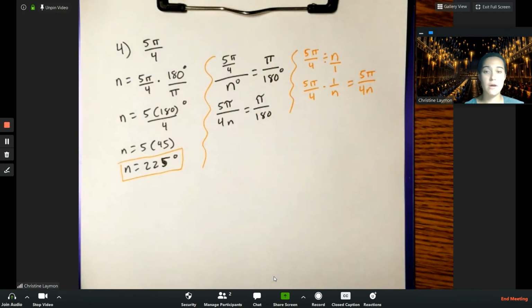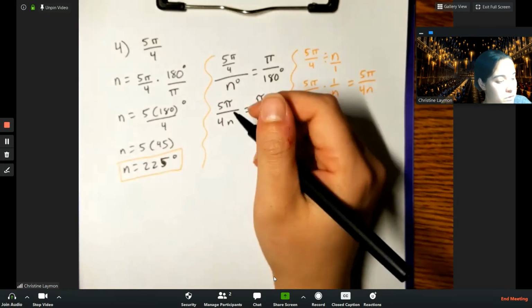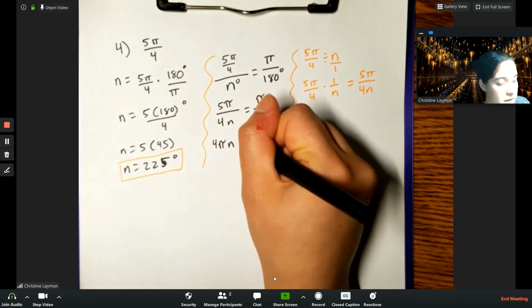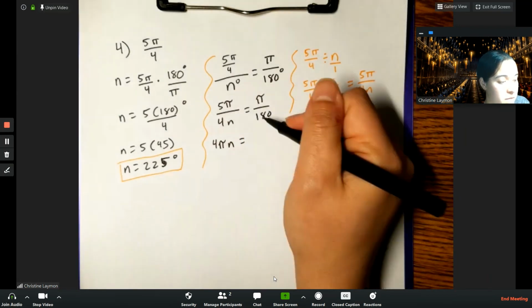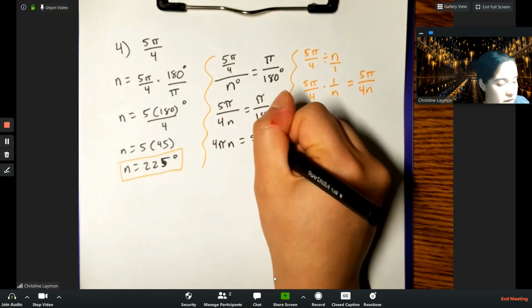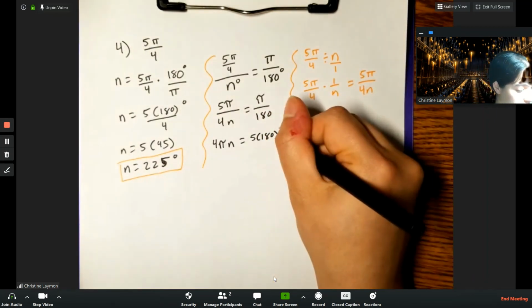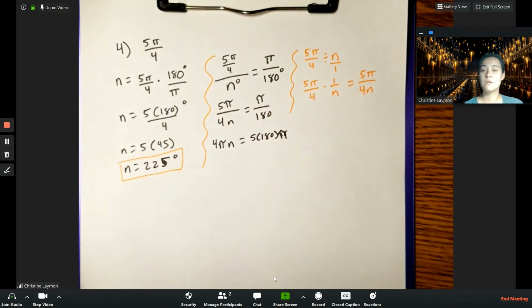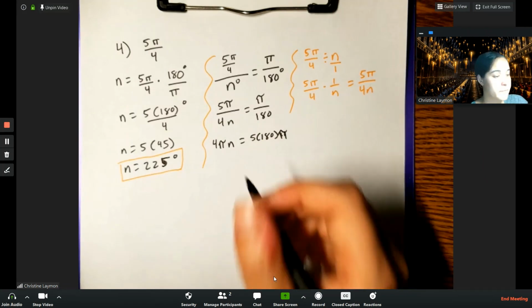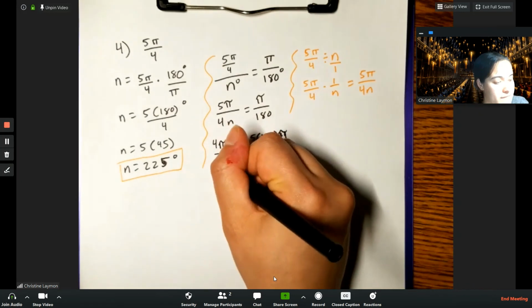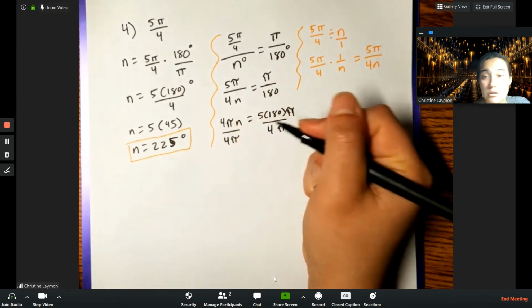Go ahead and cross multiply. So I'm going to have 4 pi n equals 5 times 180 pi, that is a pi symbol. Go ahead and divide both sides by 4 pi. Notice at no point in time am I actually multiplying the pi out.